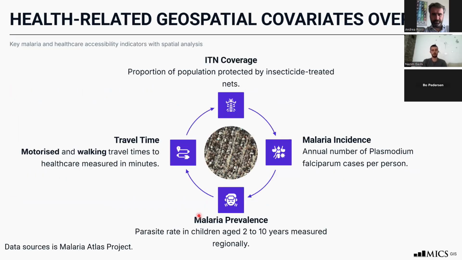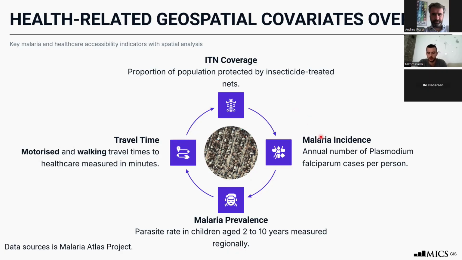We have some health indicators. Mainly, we have four main indicators, which are ITN coverage, malaria incidence and prevalence, and the travel time to healthcare. So the ITN coverage is basically estimating the average proportion of the population protected by insecticide treated nets, bed nets.